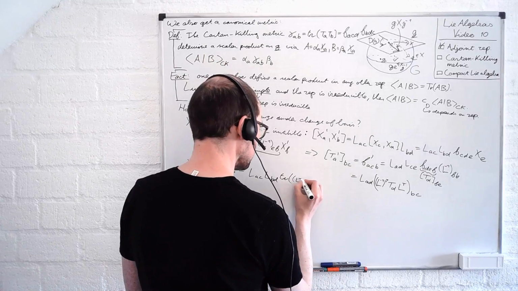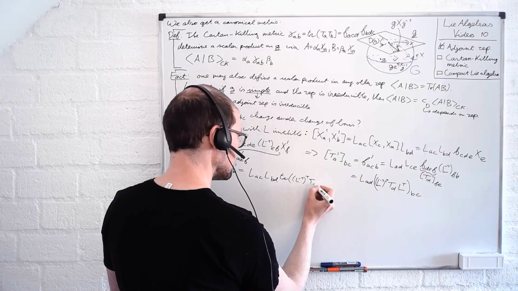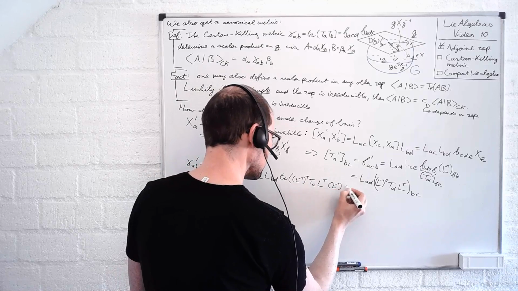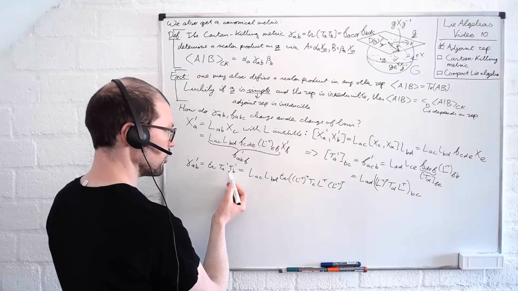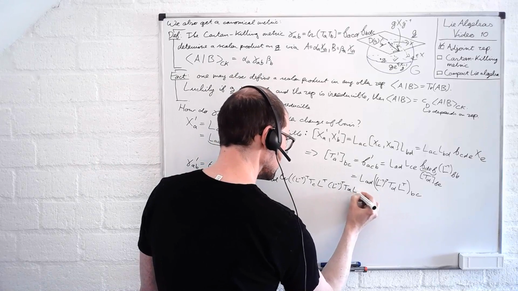I get an L inverse transpose T_C L transpose, and then for the other T_B prime, I again get an L inverse transpose T_D L transpose.